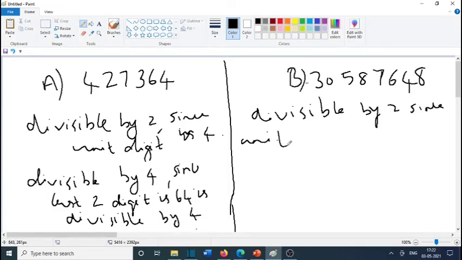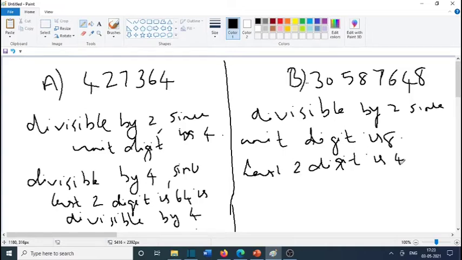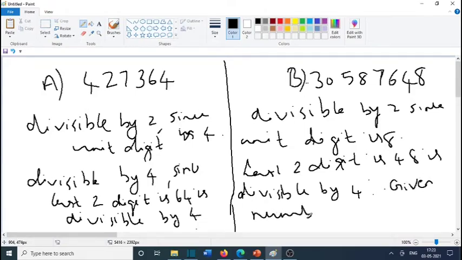Now check whether the last two digits, 48, are divisible by 4. Therefore, the given number is divisible by 4.